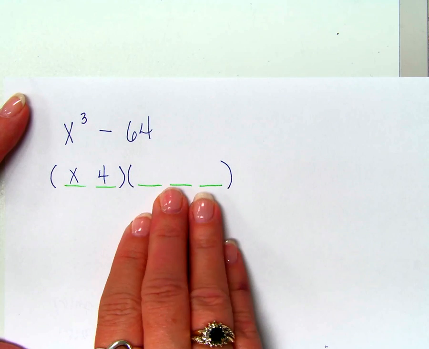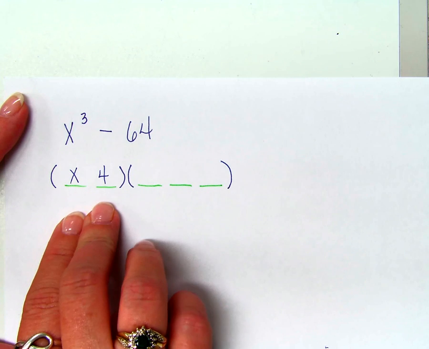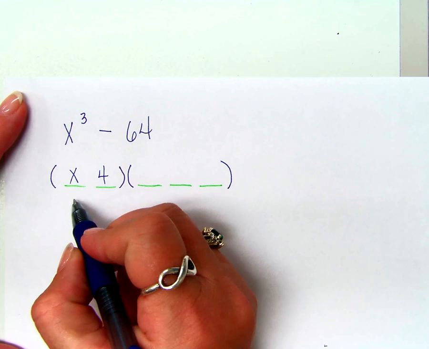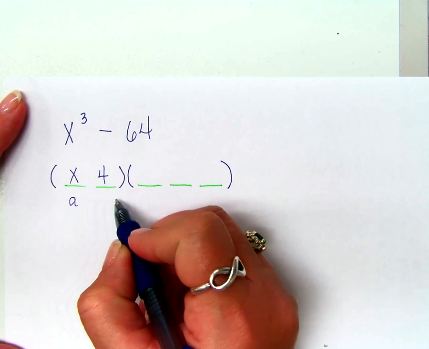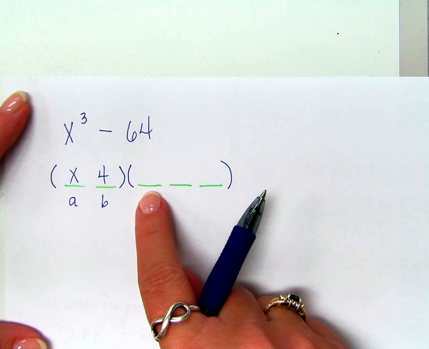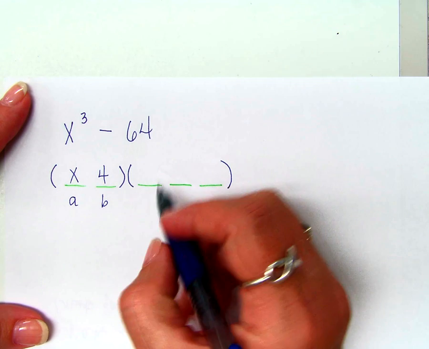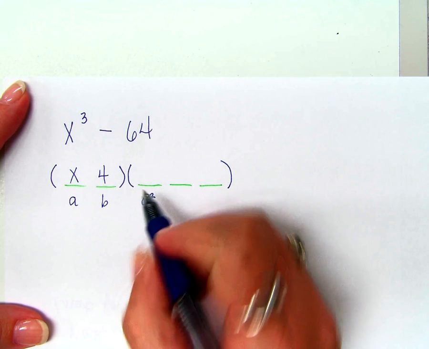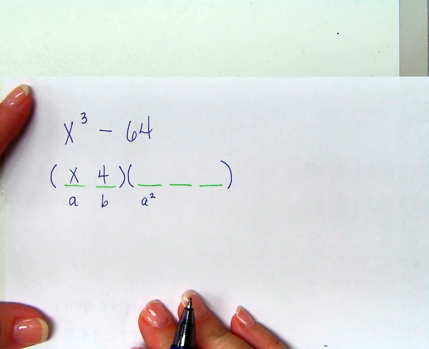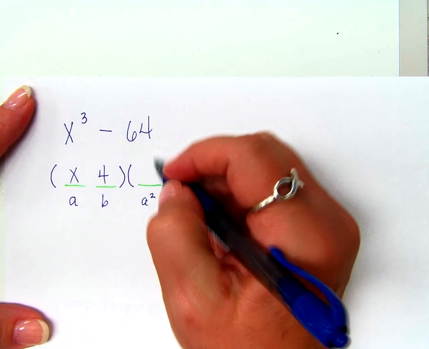Now, I know the pattern for the trinomial because I already know the binomial. So to get the pattern, I'm going to call this one A and this one B. So when I go to the trinomial, this first term is A squared. So if this first term is x, what's this? x squared.